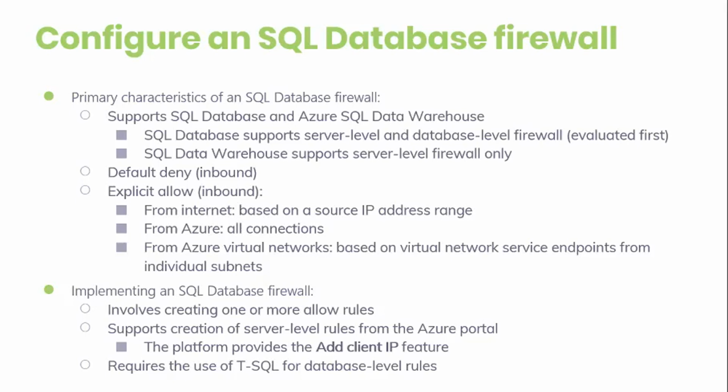In order to selectively grant access to just one of the databases hosted on the same Azure SQL Database server, it is necessary to create database-level rules for the required database.